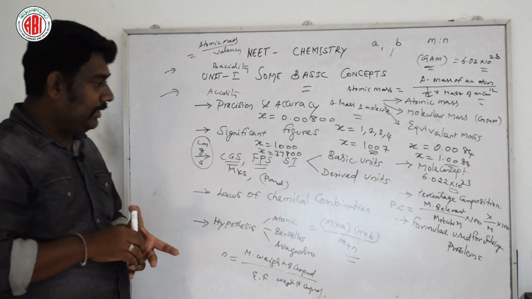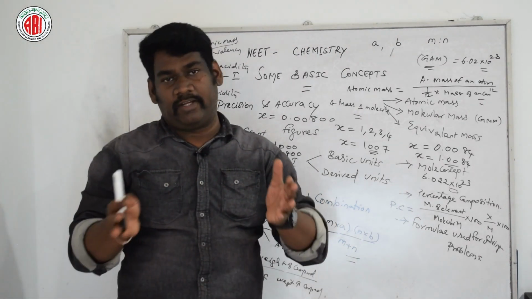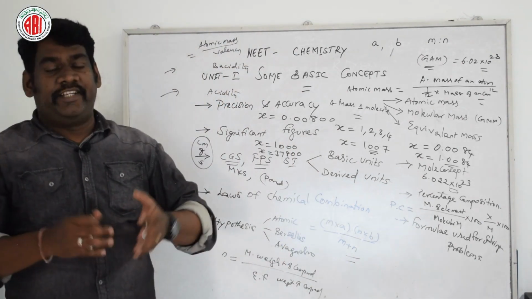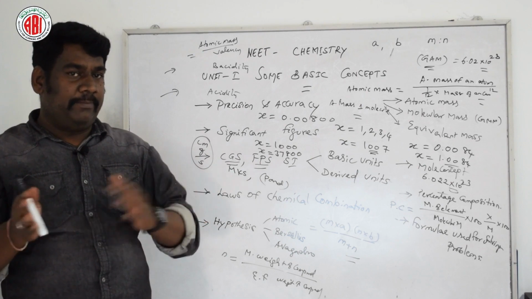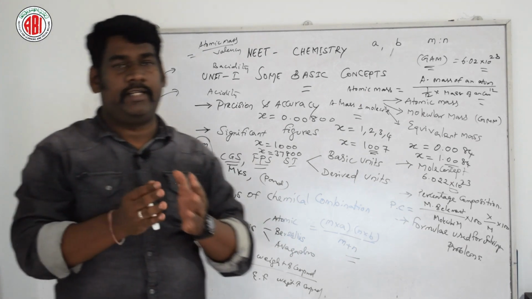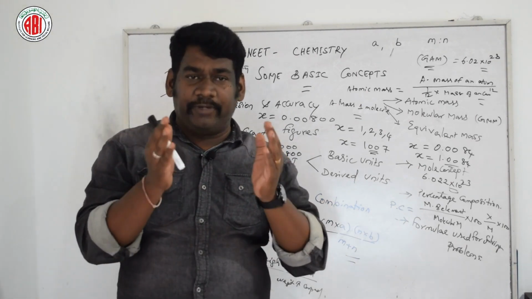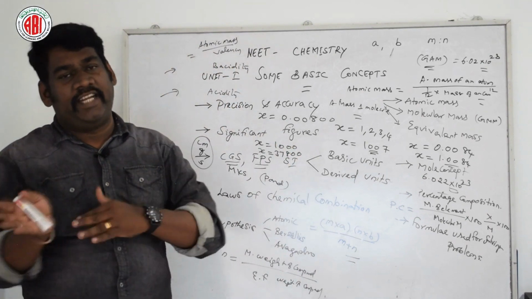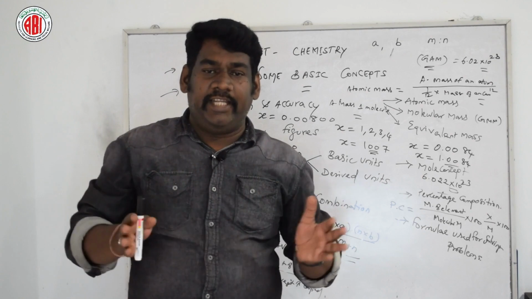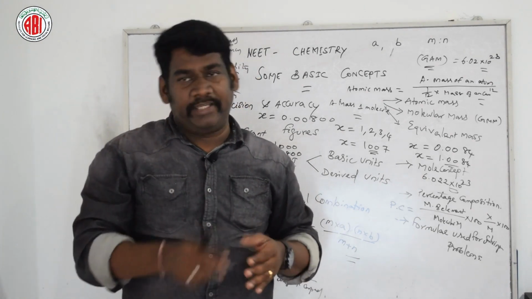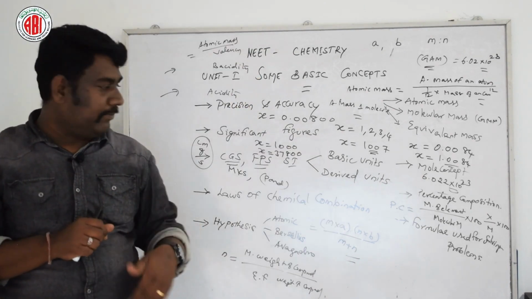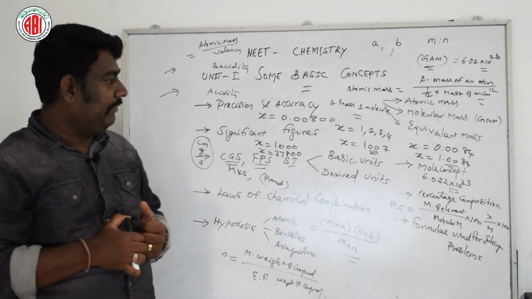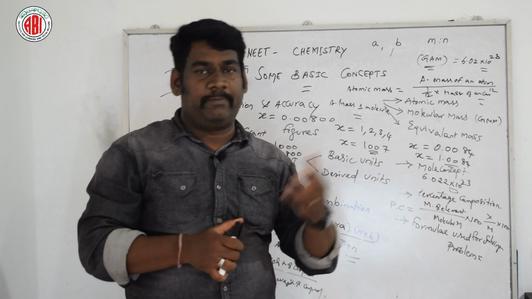Based on this we can find the molecular formula of the given compound, and also the empirical formula. For determination of the empirical formula and molecular formula, usually we find the relative number of atoms and also the simplest ratio that can be derived from the relative number of atoms. Finally, we are able to write the empirical formula and then the molecular formula. These are a few methods we follow for finding the empirical formula and molecular formula.